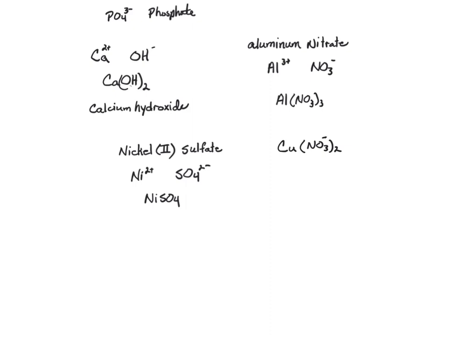There's 2 of them, so to balance that out, copper must be +2. So this becomes copper 2 nitrate. Okay, or using the old naming convention, this would have been called cupric nitrate. Again, I'm not expecting you to use this system though.